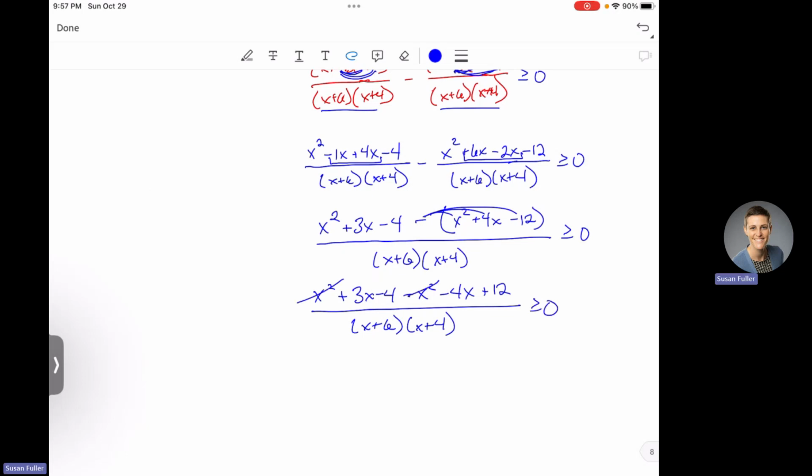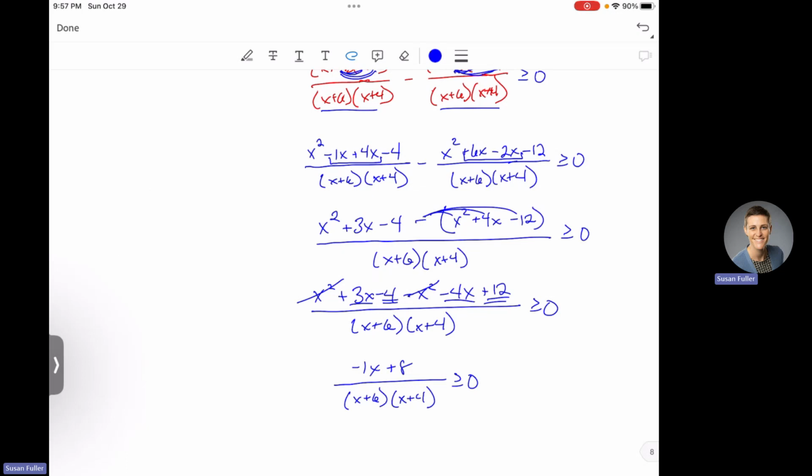These x squareds cancel. 3x minus 4x is negative 1x. Negative 4 plus 12 is plus 8. And on the bottom, I have x plus 6 times x plus 4. And that is going to be greater than or equal to 0.